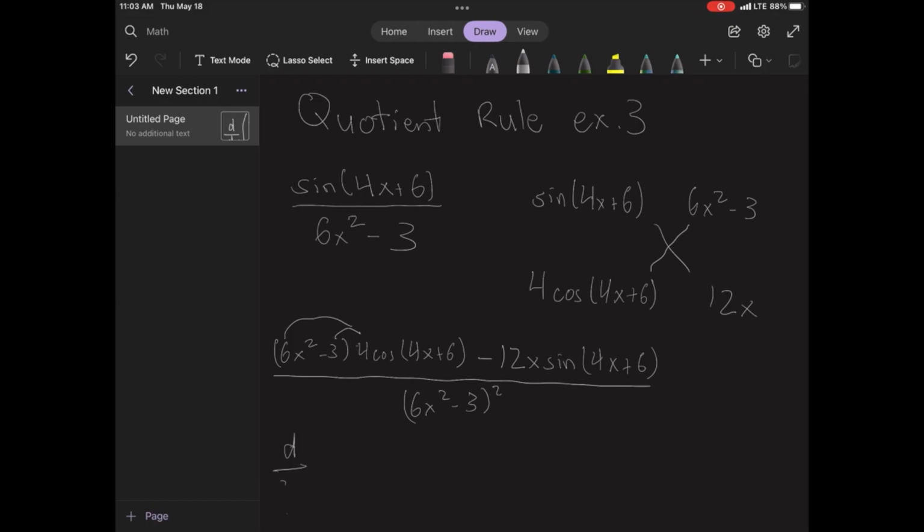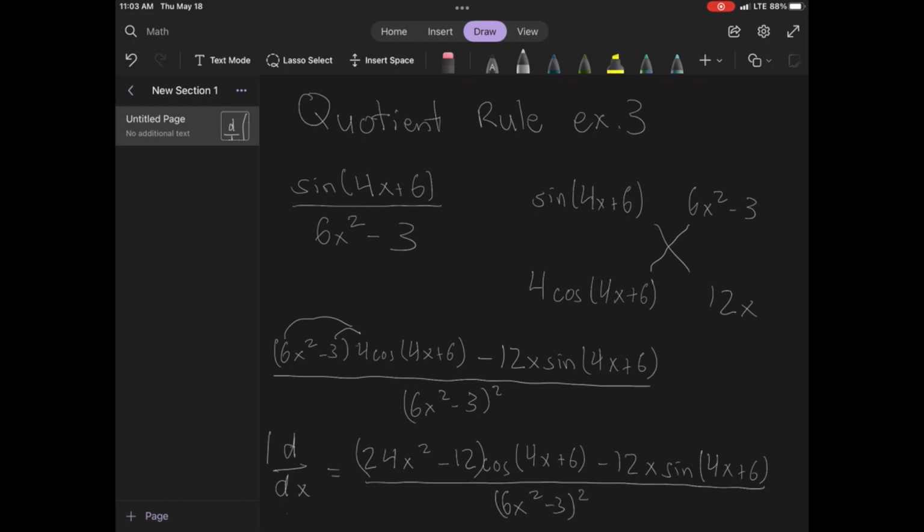You're going to distribute this by just multiplying, and for the final derivative you're going to get 24x squared minus 12 times cosine of 4x plus 6 minus 12x sine 4x plus 6, all of that over 6x squared minus 3 squared.